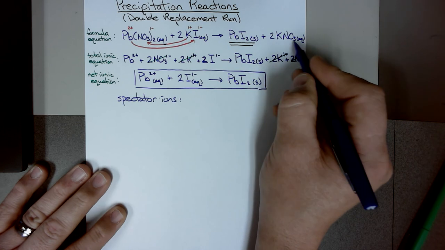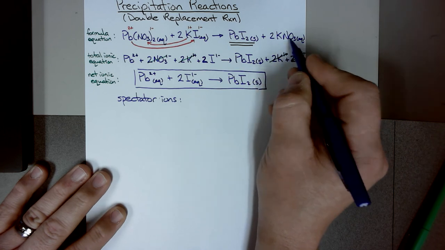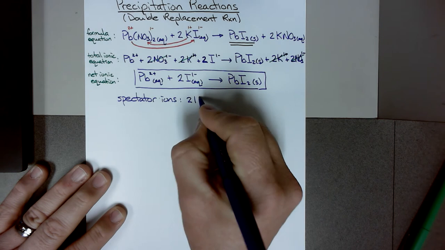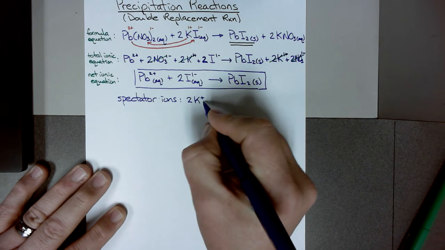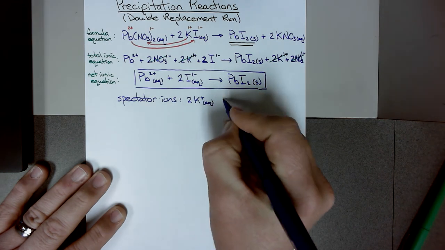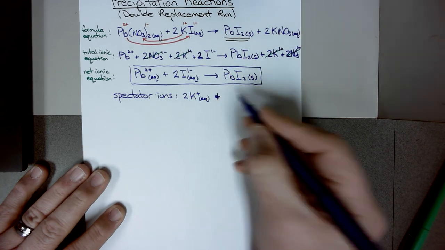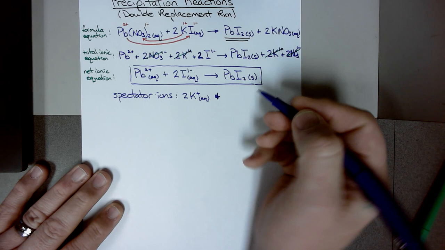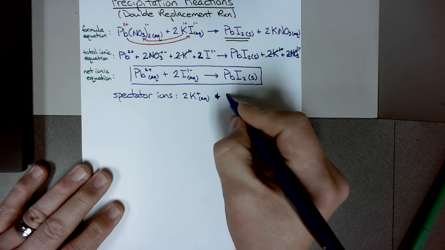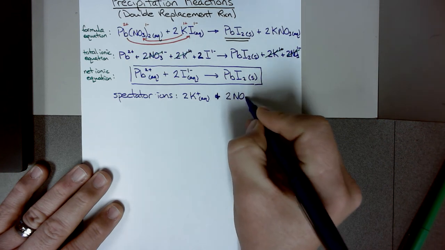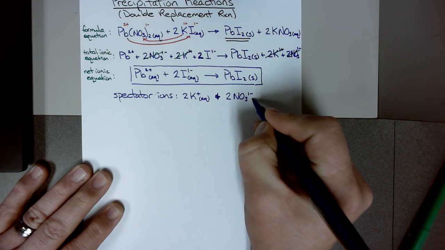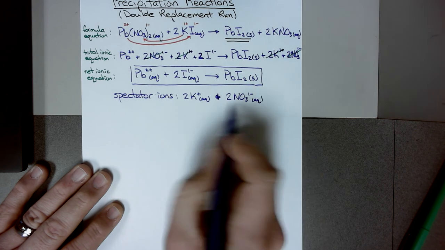And so when I dissociate the potassium nitrate, I have 2 moles of K plus and 2 moles of the nitrate 1 minus ions that are aqueous. So these are my spectator ions.